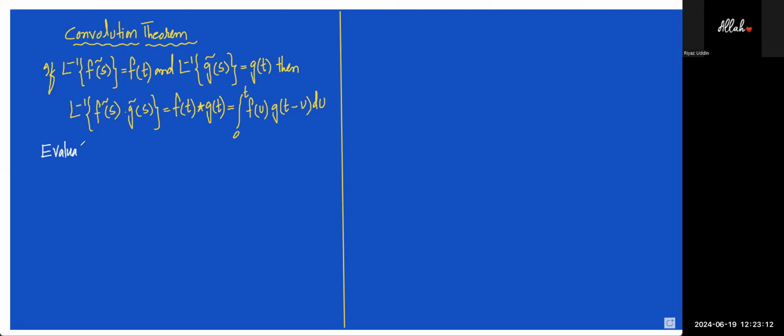Evaluate Laplace inverse of 1 by s into s square plus 4 using convolution theorem.